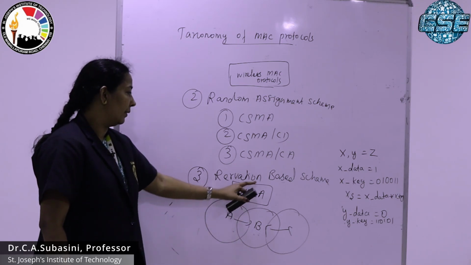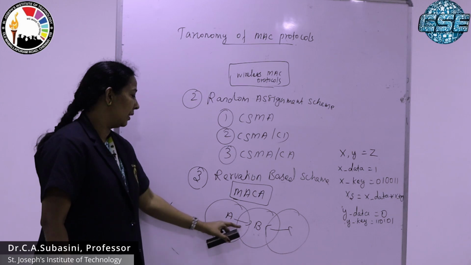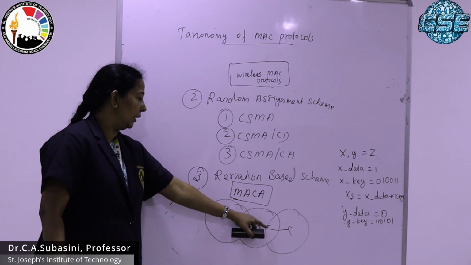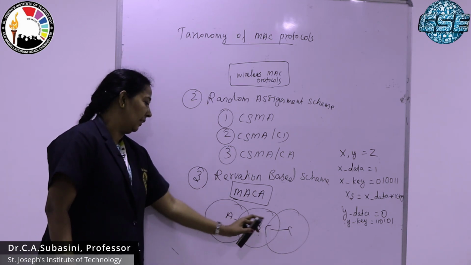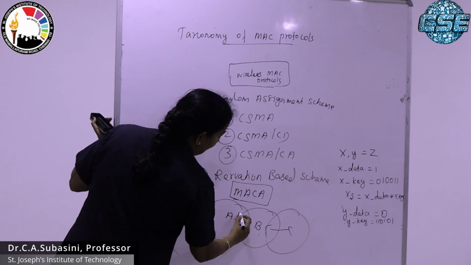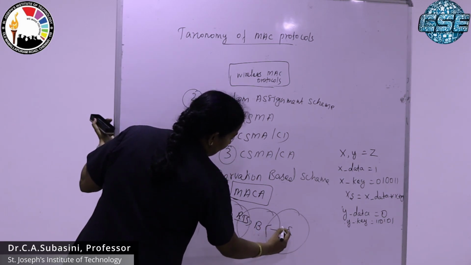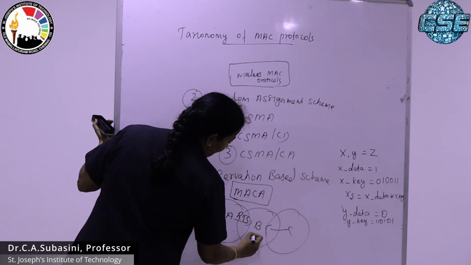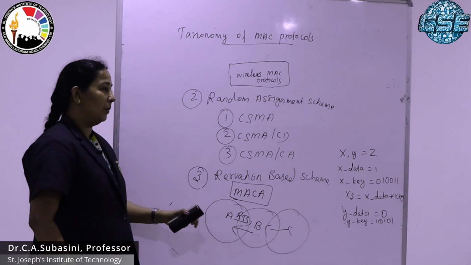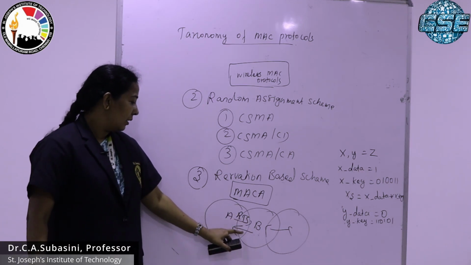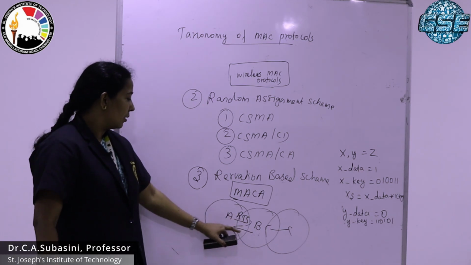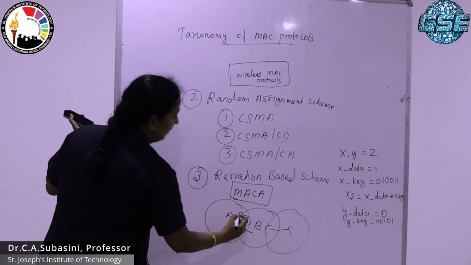So for example, in the reservation based scheme, all the channel will be reserved. After that only, it will send the data. For example, A will send an RTS message, C will also send an RTS message, which is request to send data. After completing this, B will send a CTS message.